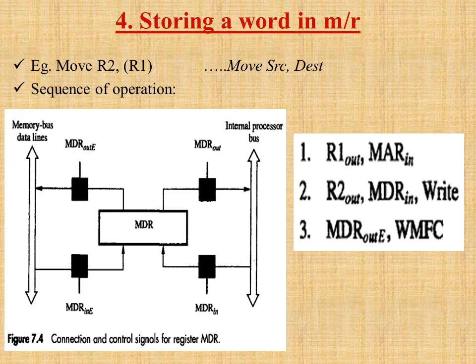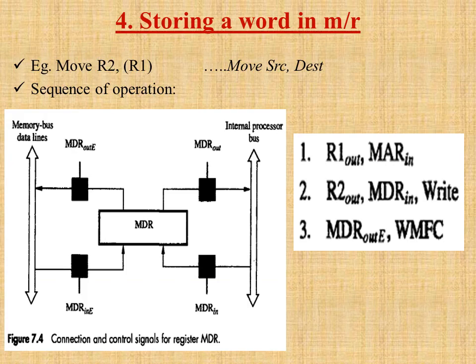This instruction has the format Move source, destination. The source is R2 and the destination is R1, which holds a memory address where the word of data from R2 is to be sent.